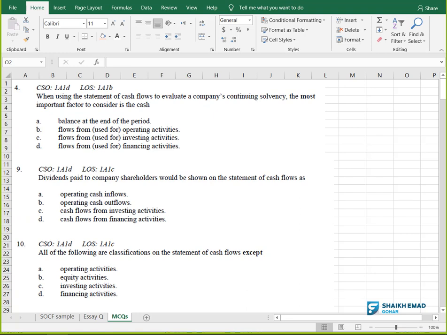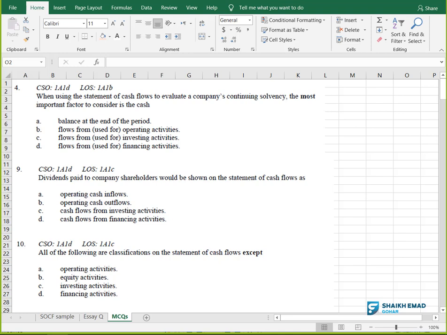So moving on with the MCQs on cash flows, I have taken this from your IMA study support package. Okay, so MCQ, they are saying when using the statement of cash flows to evaluate a company's continuing solvency, the most important factor to consider is what?